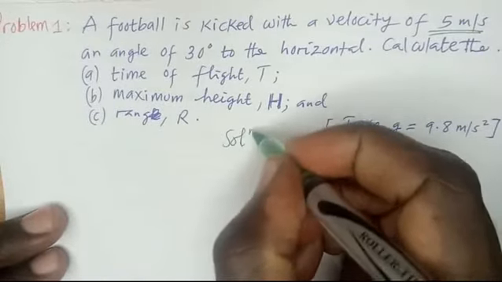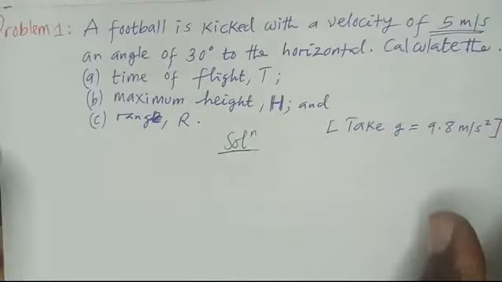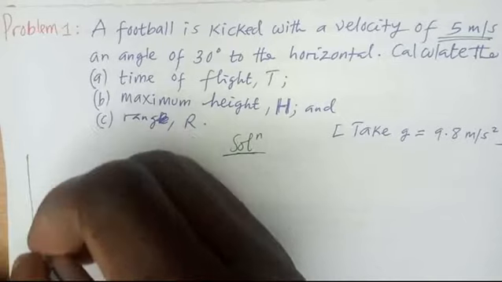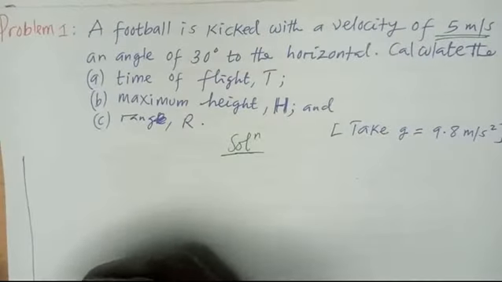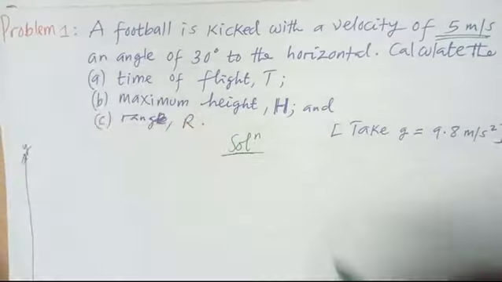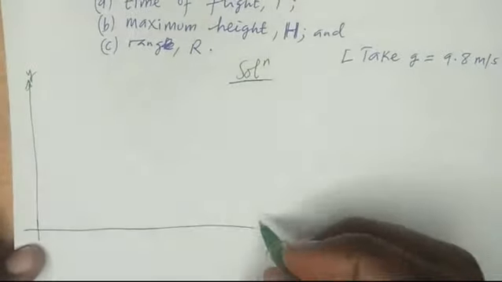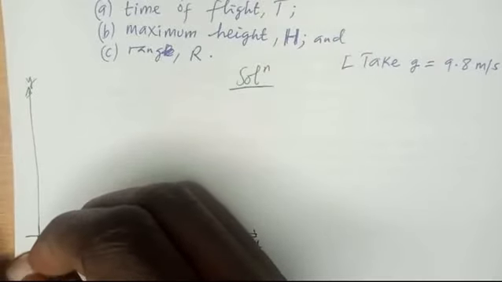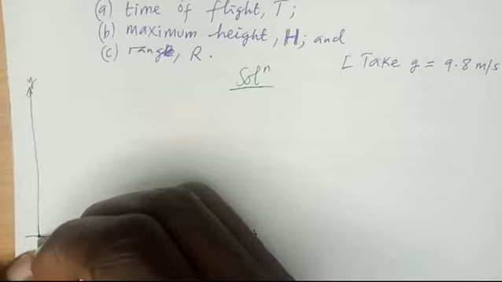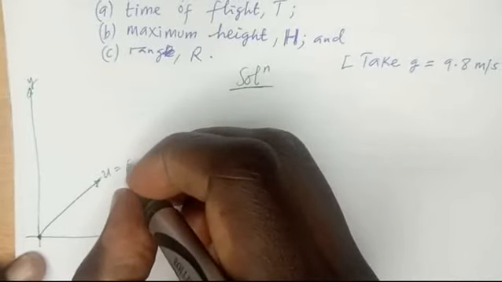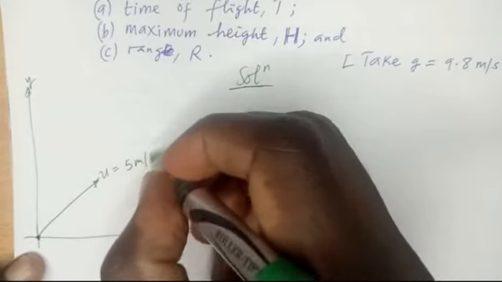Okay, let's start the solution. We have to first draw a clear picture of the situation. This is what we have. This is our y and this is our x. Now the particle was initially here and then it was projected in this direction with an initial velocity u of 5 meters per second.